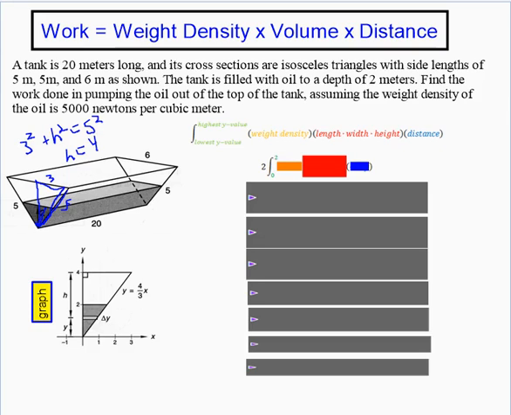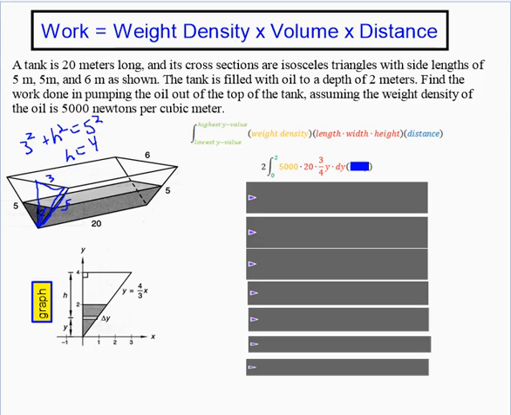Our weight density, we were told, is 5,000. The length of this is a 20-meter trough here. The width, well, the width is changing. The width is the x value, and so we want to know what that x value is. So it has to do with this line.